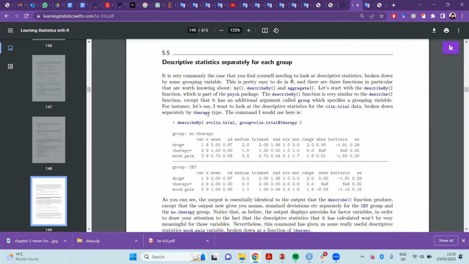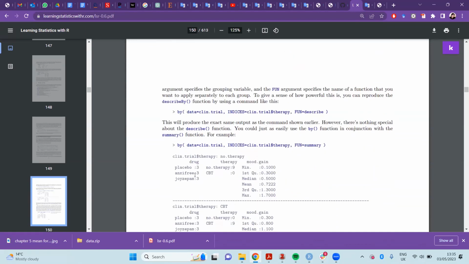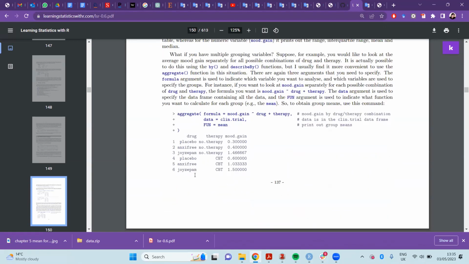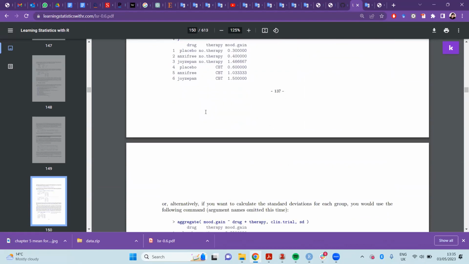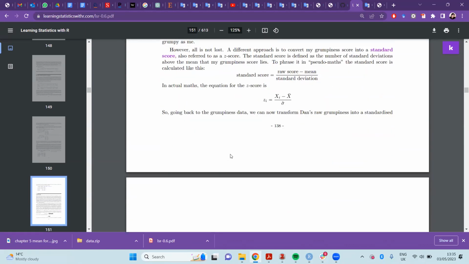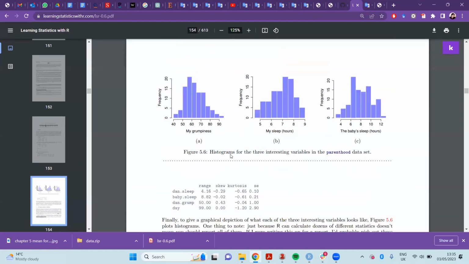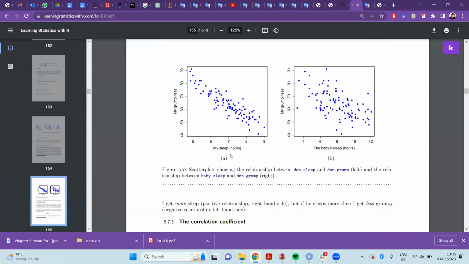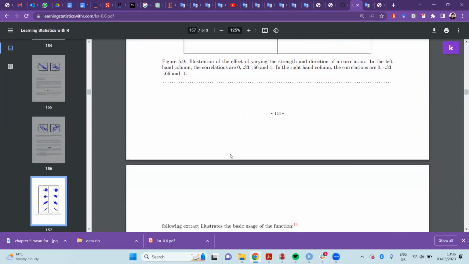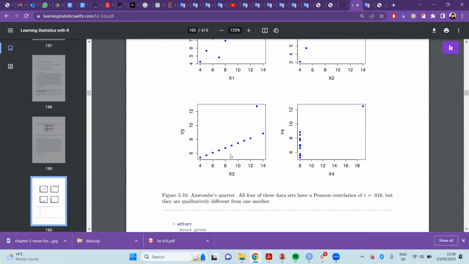If we have groups in the data, it describes the same statistics by group. And then the function aggregate, and standard scores, for example the z-scores, correlations, the correlation coefficient, interpreting correlation, Spearman rank correlation.